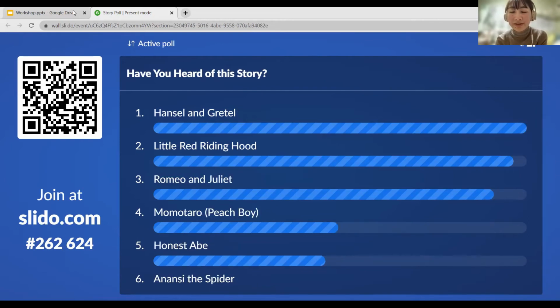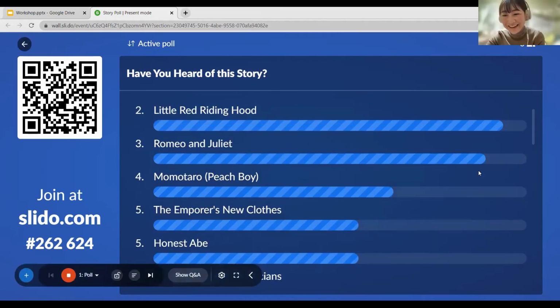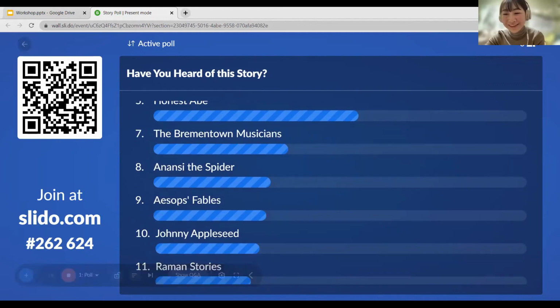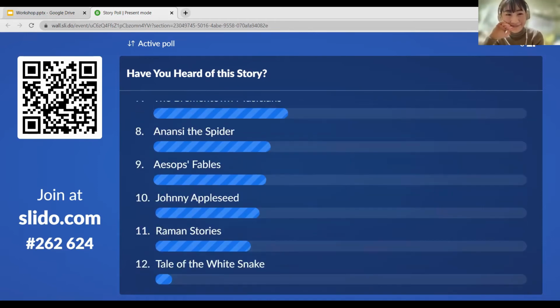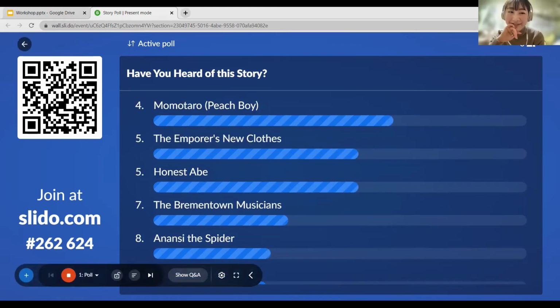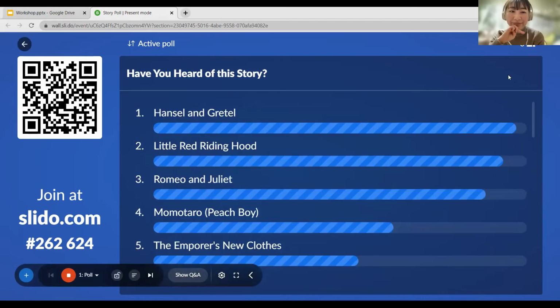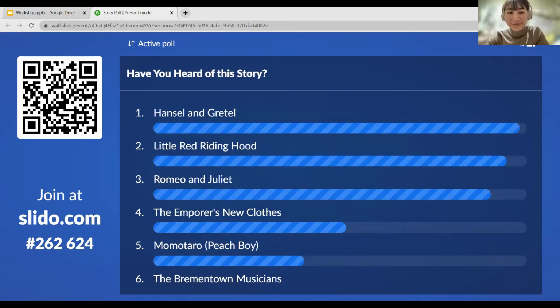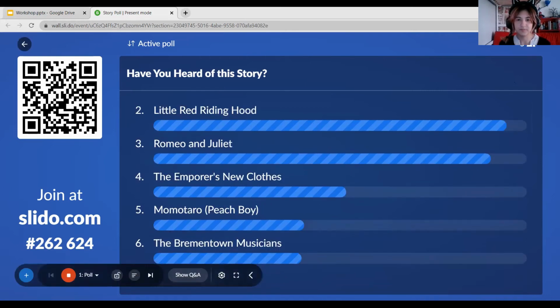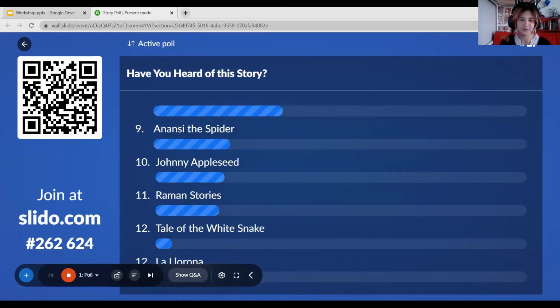So one person has participated. Oh, there's a lot of Momotaros this time, maybe because we have Giacomo and maybe Junko. So we've had 5 answers so far.